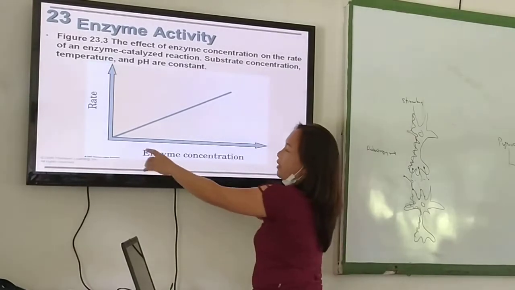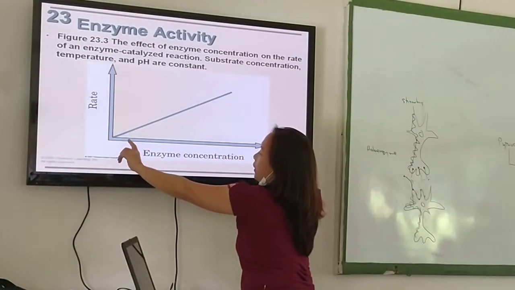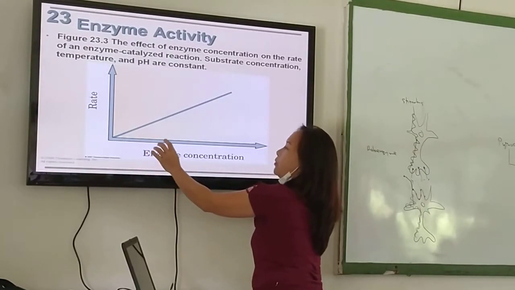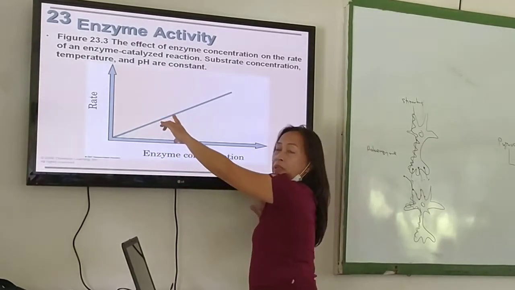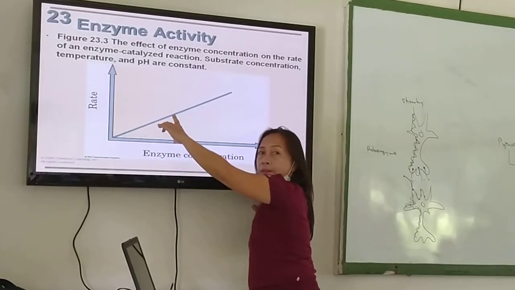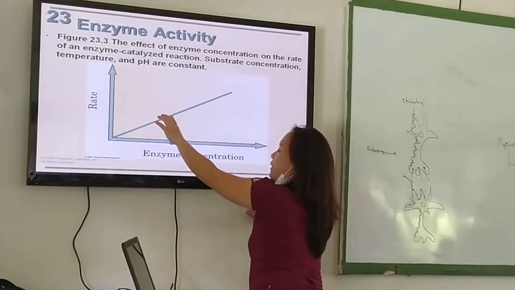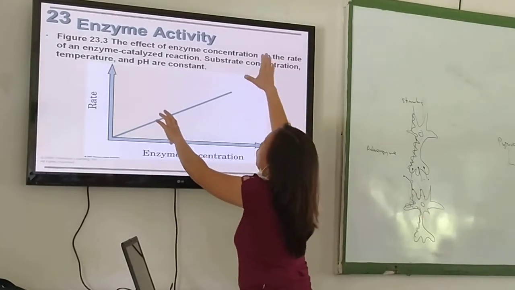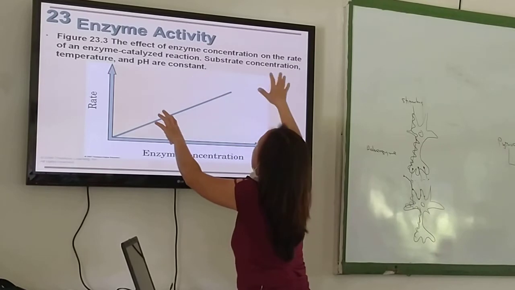Now, try to look at it. When you, say for example, increase the concentration of the enzyme, what happened to the rate of chemical reaction? Increasing, decreasing? Increasing. Say for example, kani 30% concentration. Now, take note, kani siya, constant na ang temperature ng pH.